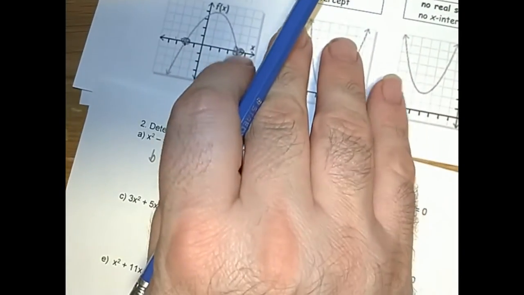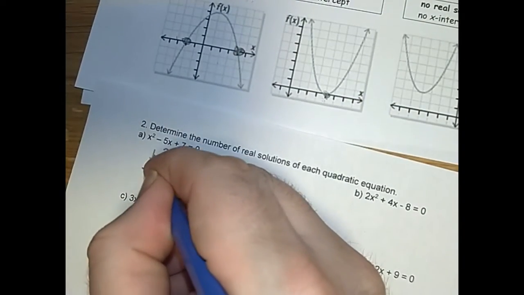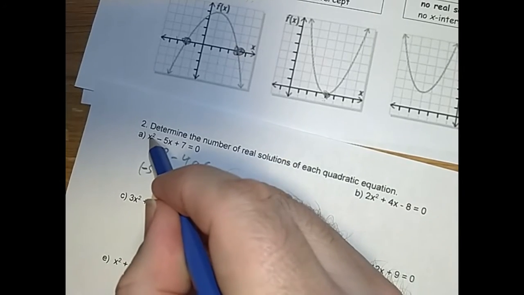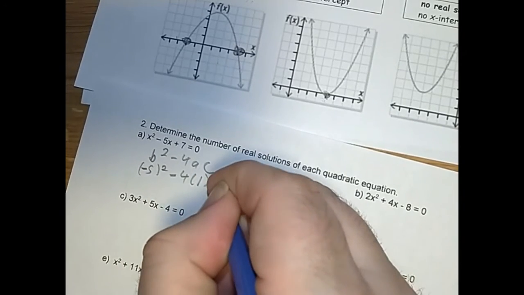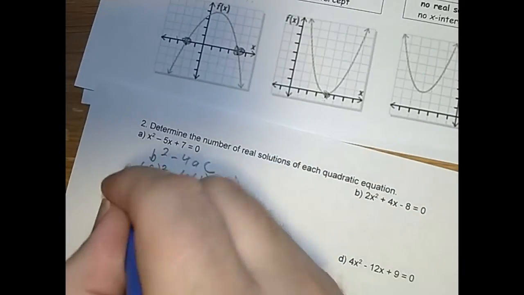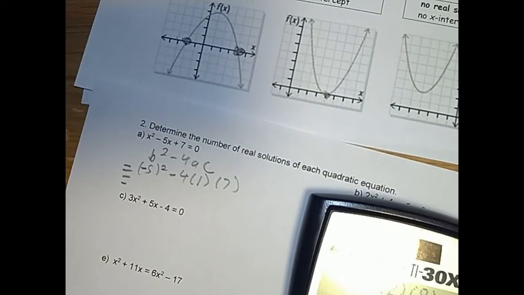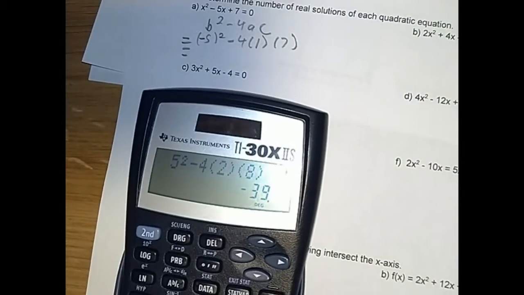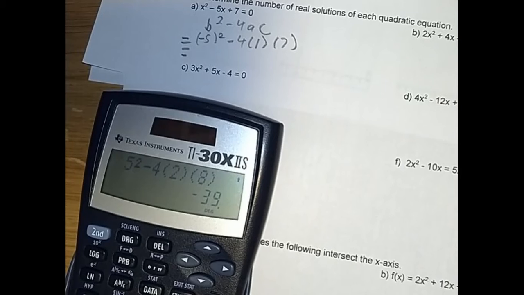So let's see. b is negative 5, squared, minus 4 times, well, there's no number there, so it's a 1, and c is 7. Let's see how many solutions there are, and it all depends on what the answer is. So for this particular one, let's get our calculator out.